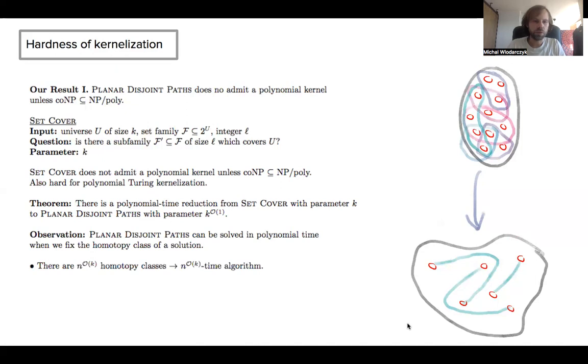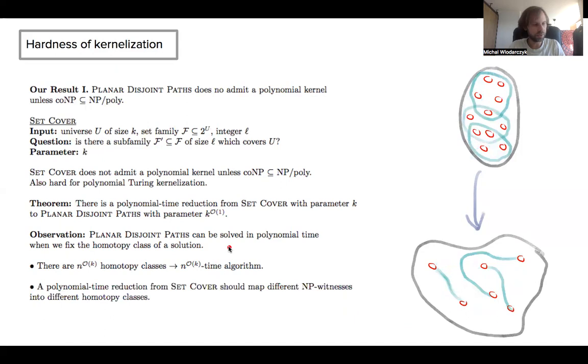This observation was made by Schrijver, who also showed that there are roughly n^{2k} homotopy classes, and this led to an n^{2^{O(k)}} time algorithm. For us, it is important that the homotopy class forms an NP witness for the problem. If you try to convince me that some instance is solvable, you could just provide me with an encoding of this homotopy class, and I could verify if there is a solution in polynomial time.